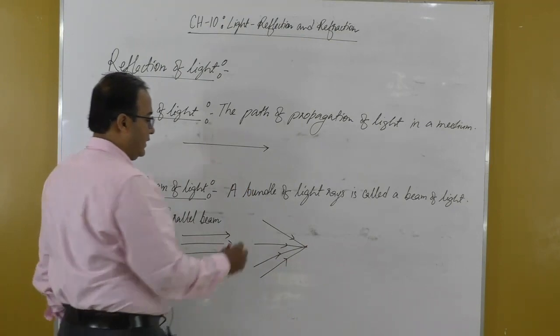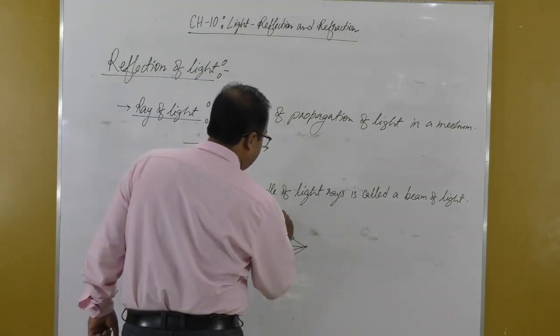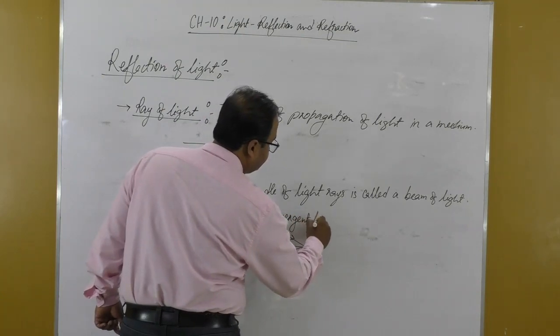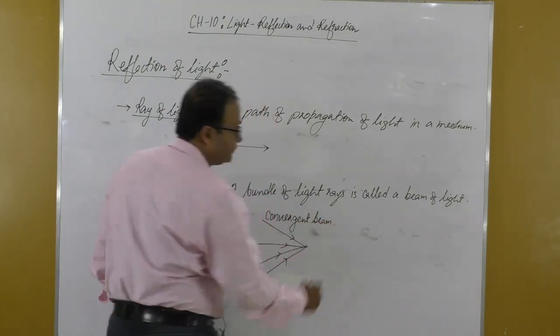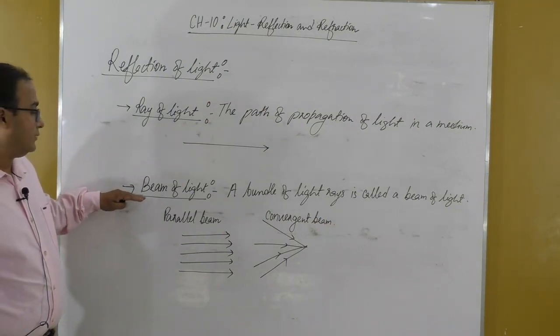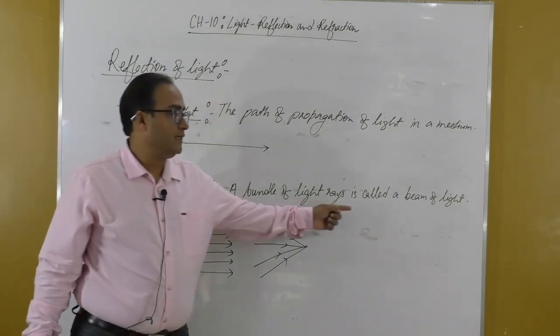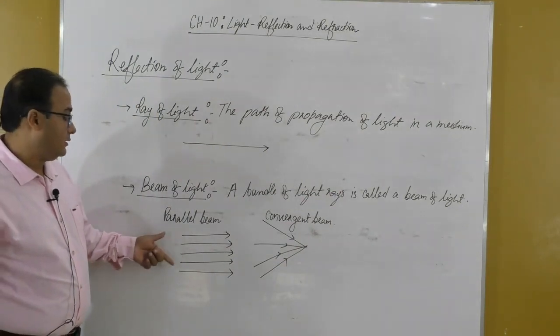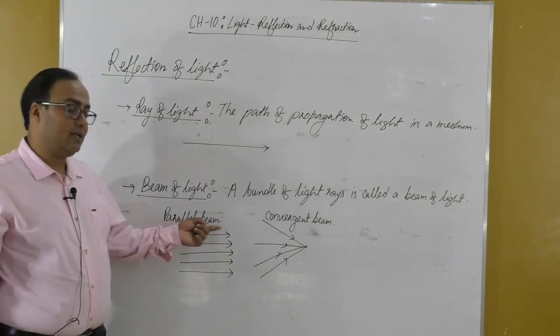Such beam is called convergent beam of light. So, types of beam I am discussing. Beam of light, a bundle of light rays is called beam of light. This is one bundle where the parallel light rays are there, so it is called parallel beam.